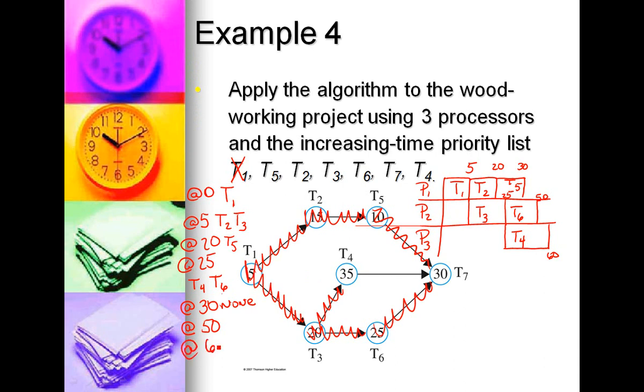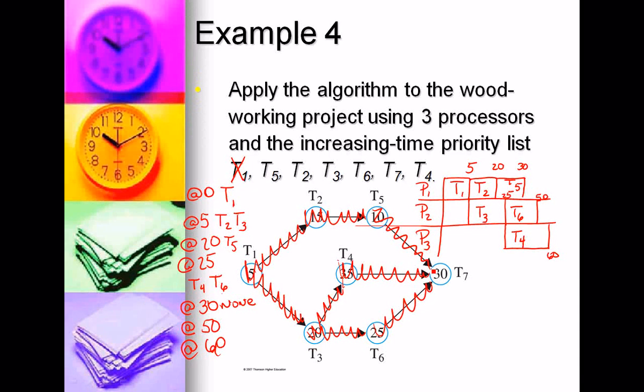Well, how about at the 60-minute time slot? Now T4 has been complete. Now T7 is ready. Now the tricky thing here is we're not going to put it on processor 3. Remember, the highest priority ready task needs to go on the lowest numbered idle processor.